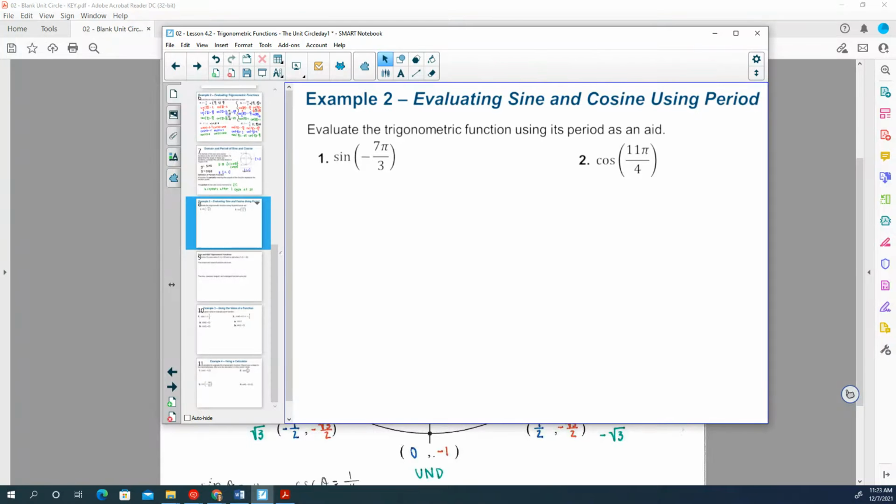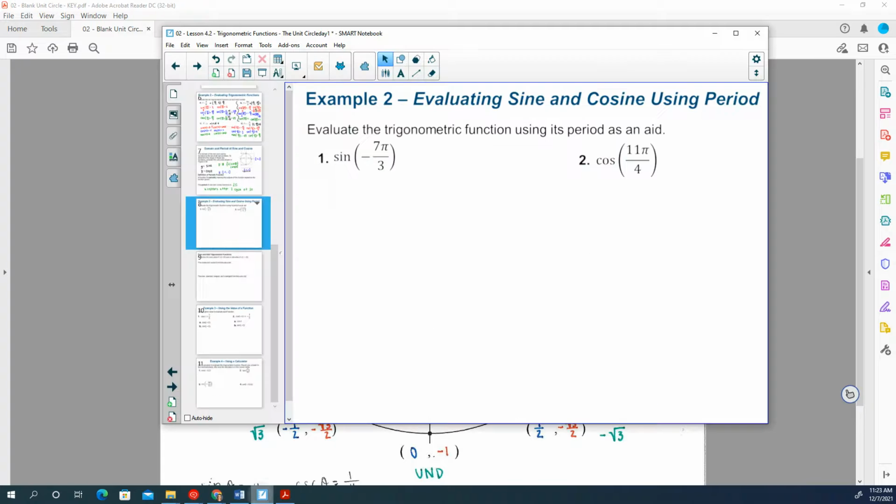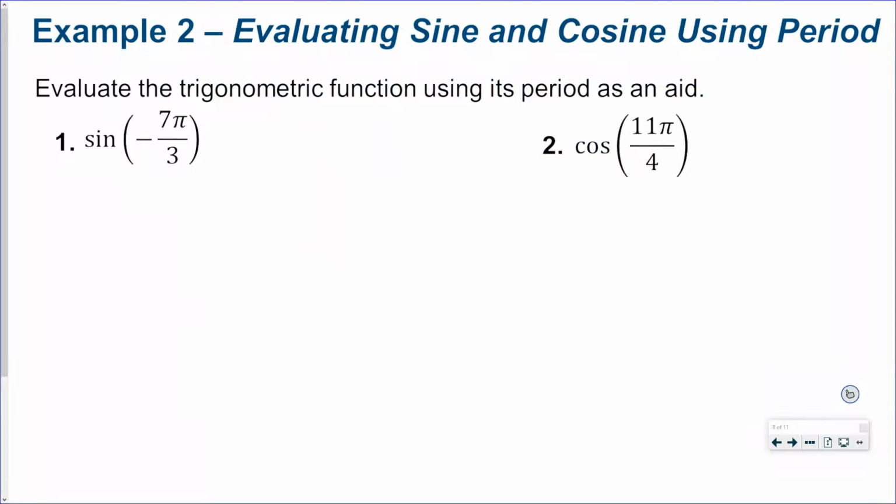Now, a lot of you, we did one yesterday where it was just negative pi over 3, wasn't it? And you guys were like, oh, that's just going to be 5 pi over 3. I was like, exactly. So a lot of you could figure out where negative 7 pi over 3 is. But now that we know it's just going to repeat after 2 pi, you can essentially just find its coterminal angle by adding 2 pi to this angle.